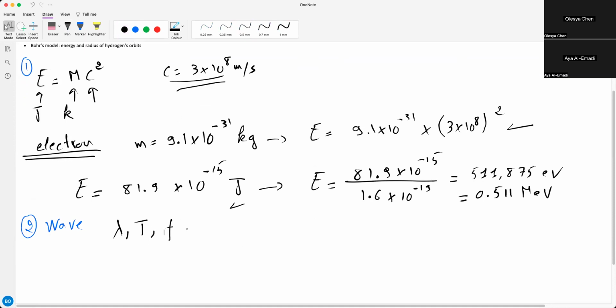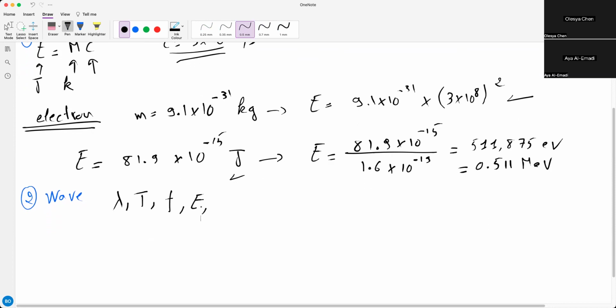And in the case of a photon, it also has an energy. Also, because we have dealt only with light, it has a speed. So this is the wavelength, the period, the frequency, the energy, and the speed.